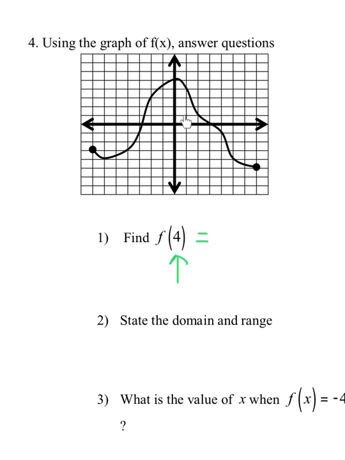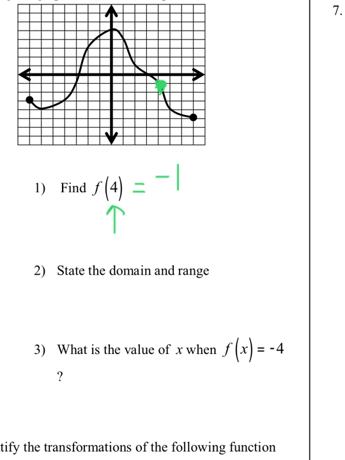And we count 1, 2, 3, 4. And our graph lands right here when x is 4. So I'm going to put a little dot right there. Okay? So the y value when x is 4 is -1.